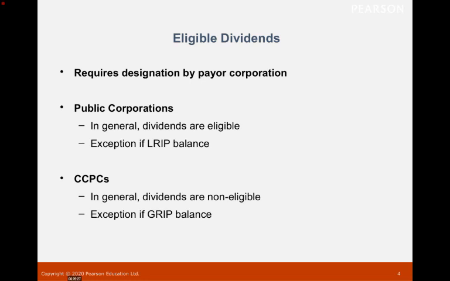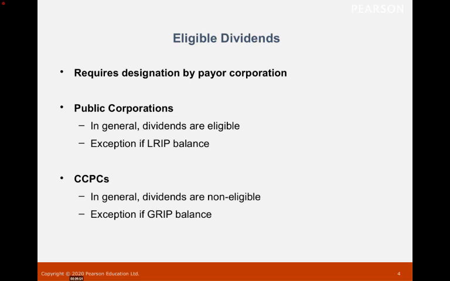So for public corporations, you're going to find generally that they have eligible dividends. And for CCPCs, Canadian Controlled Private Corps, you're going to see that they're generally non-eligible. However, each of those will have balances. These guys will have balances from the low rate, and these guys could potentially have balances from the higher rate, from the general rate.